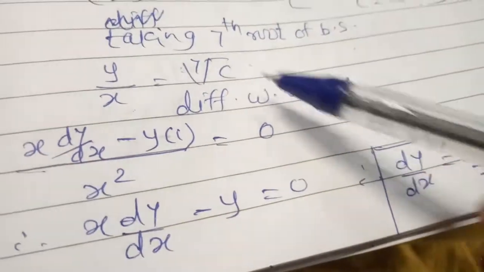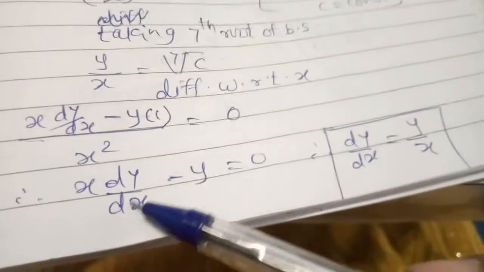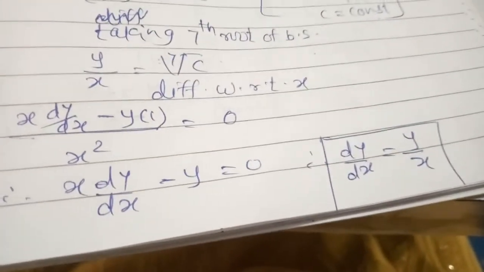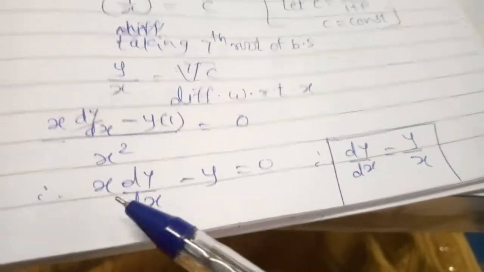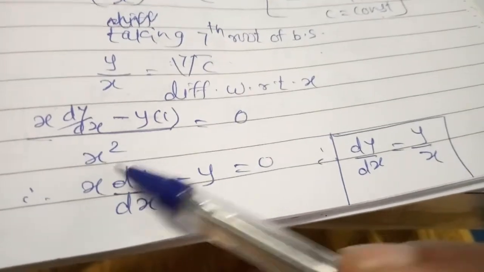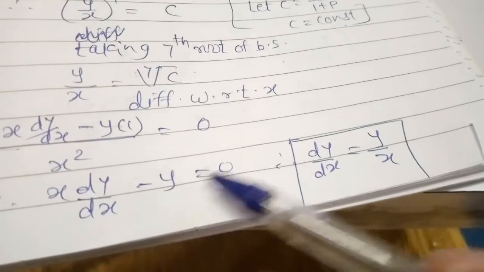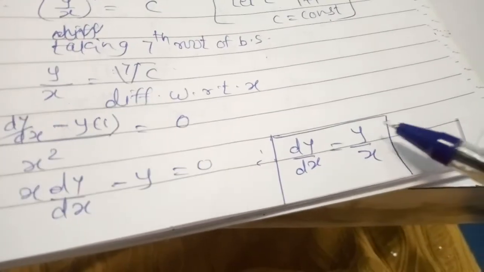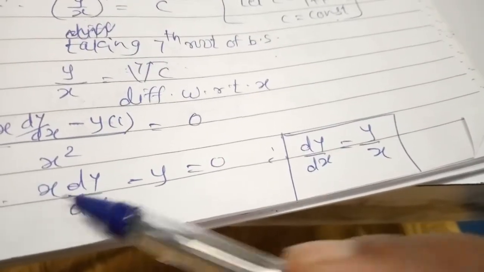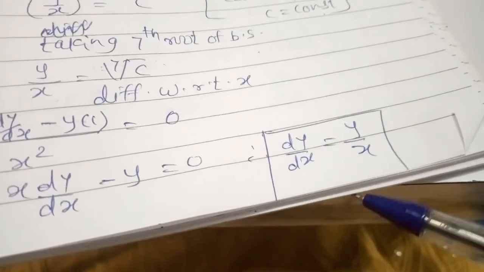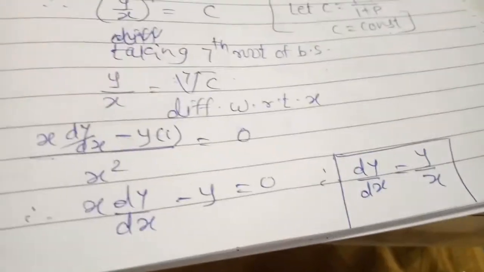The derivative of the constant is 0, and this part is the same as in the first six examples. So x dy by dx minus y is equal to 0, and moving y to this side, dy by dx is equal to y upon x. In all examples we showed that dy by dx is equal to y upon x.